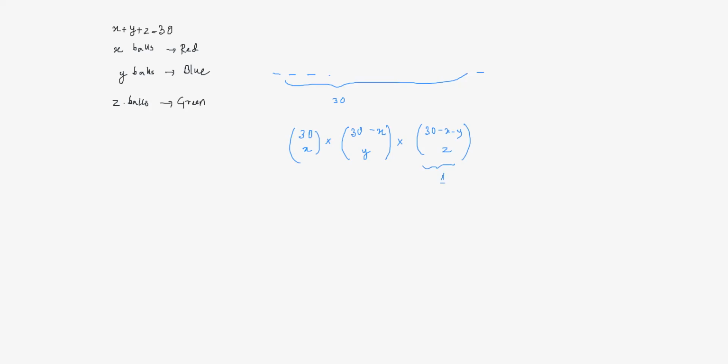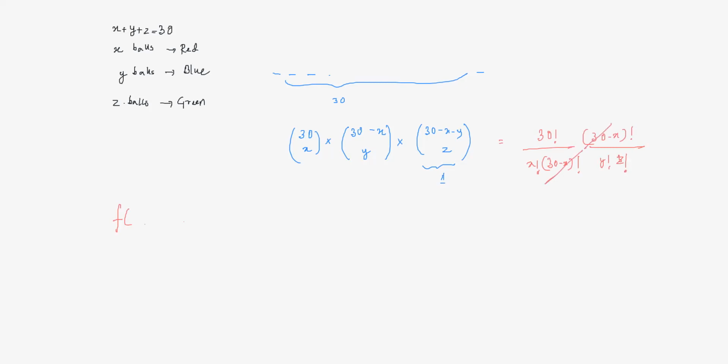So the total number of ways you can arrange these 30 balls in 30 places in a row is this, which if you write it down properly, you get 30 factorial by X factorial times 30 minus X factorial. From here, the 30 minus X factorial comes up, and here it's Y factorial and 30 minus X minus Y, so it's Z factorial. So this gets cancelled.